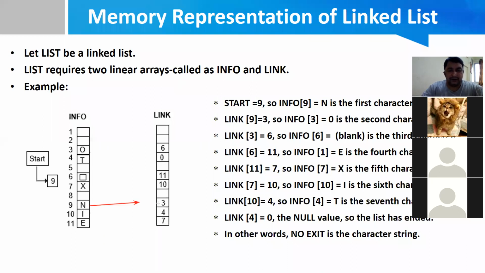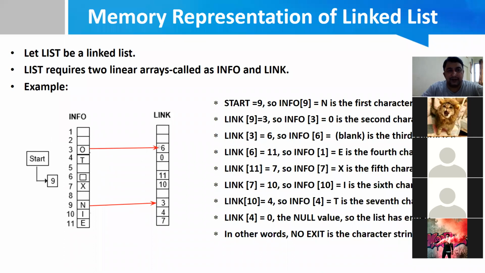The link for N is 3. So from this 3 it will redirect to the third node. Here in this third node, you will take the value as O. That is, first you got N, and second you got O, and from here it will connect to node number 6.